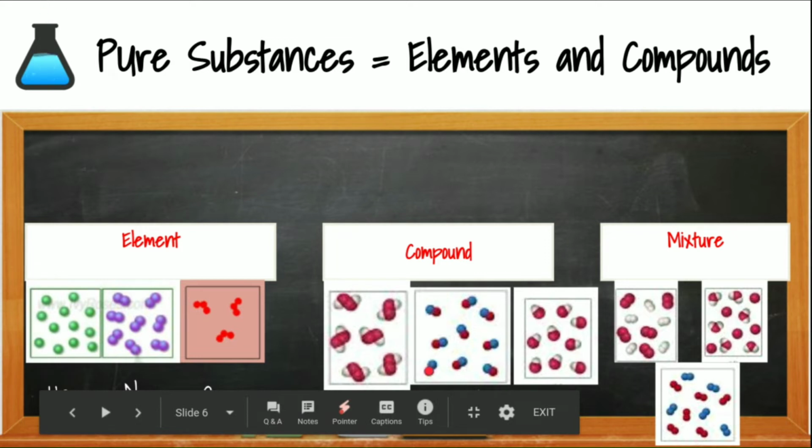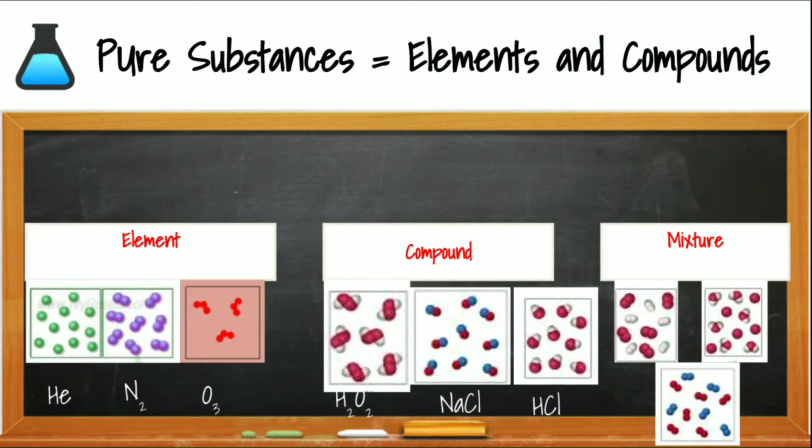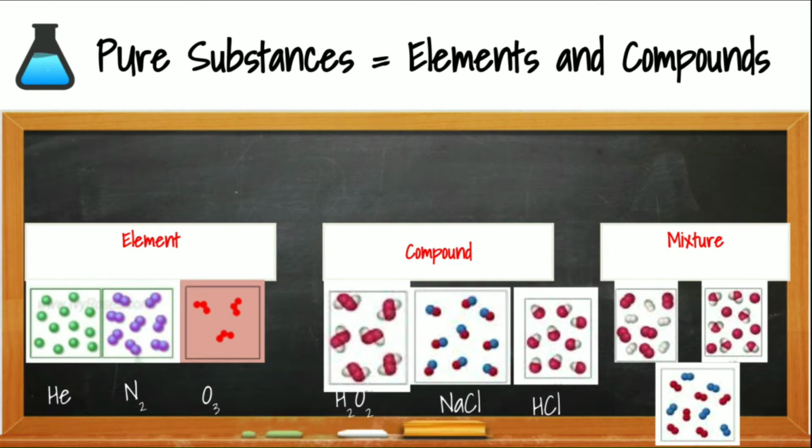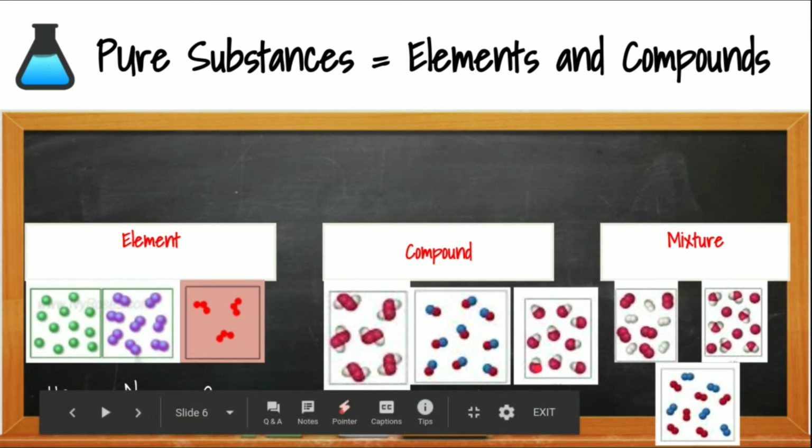In this compound of sodium chloride, what we can see is that each piece has 1 red atom and 1 blue atom. And finally, again, here in this compound of hydrochloric acid, we have 1 hydrogen atom and 1 chlorine atom in each sample. So each piece is absolutely identical.